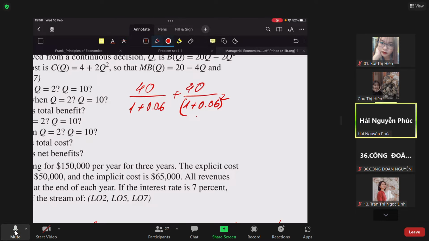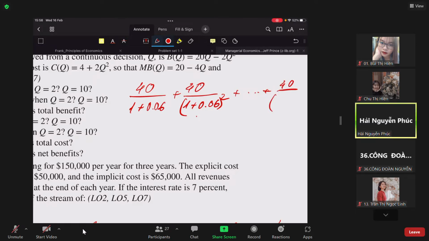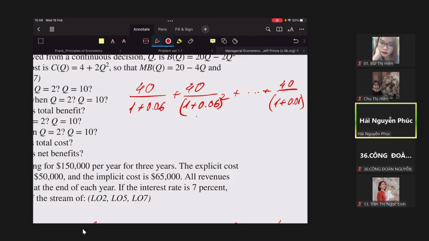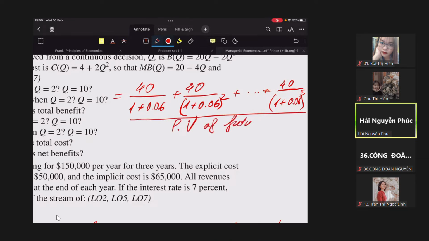And so on to the fifth year, you have 40 divided by 1 plus 0.06, right, to the power of 5. Okay, so that's it. And this is called the present value of future benefit.